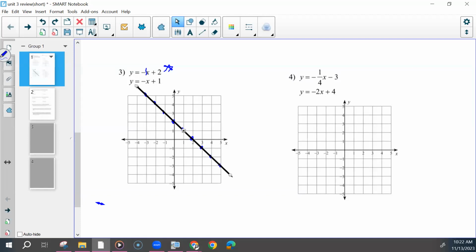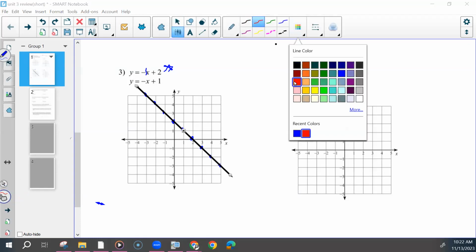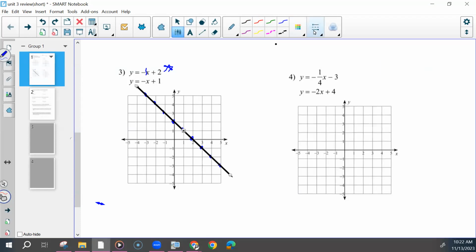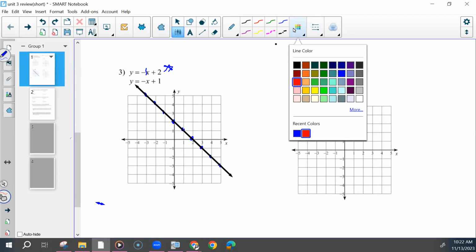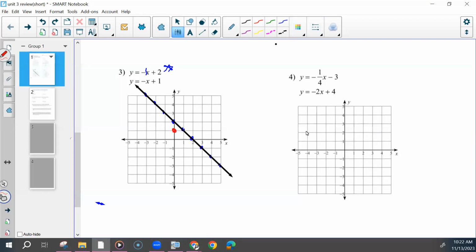That line should look something like that. And then we're going to do the same thing with the other one. Plot your y-intercept at 1. Slope is the same.